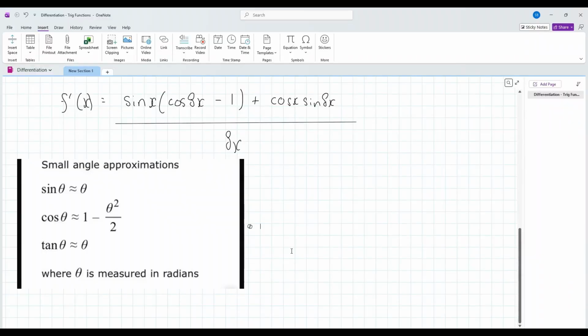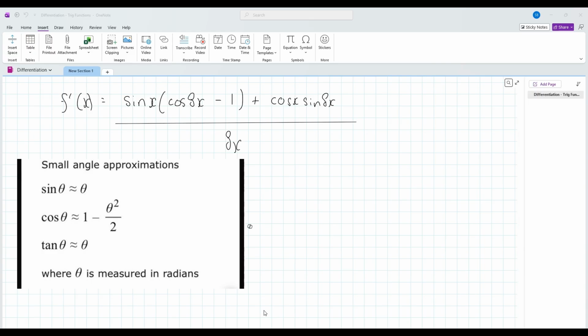So I want to take your attention to something that we call small angle approximations, where sine theta approximately equals theta, cos theta approximately equals 1 minus theta squared over 2, and tan theta also approximately equals theta, where theta is measured in radians.